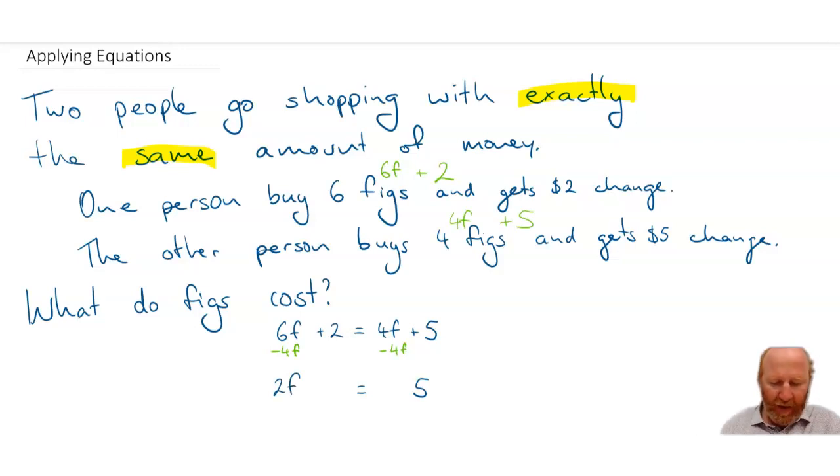I look at my numbers and I want to take a 2 away from there and a 2 away from here, and 2F's all that's left there. 5 minus 2 was 3. So now I divide both sides by 2, and I find that F is equal to, well, 1.5. We're dealing in dollars here, so let's say $1.50.